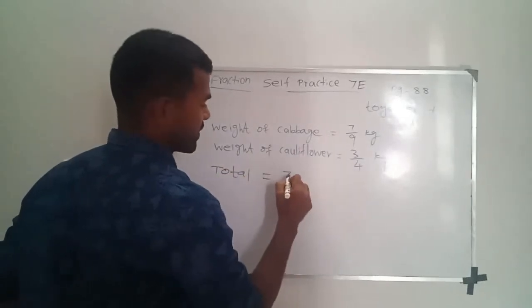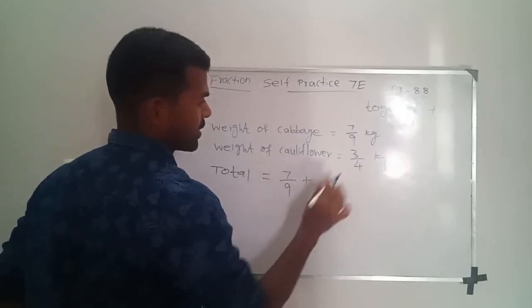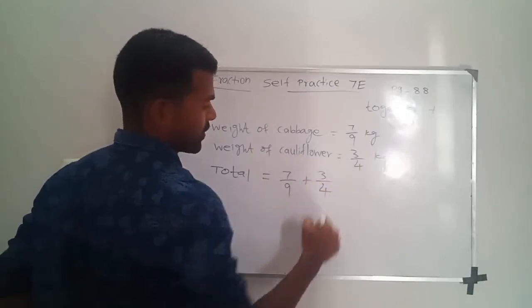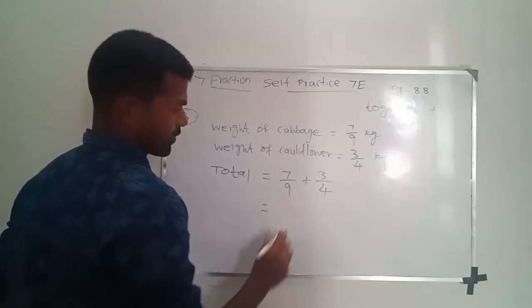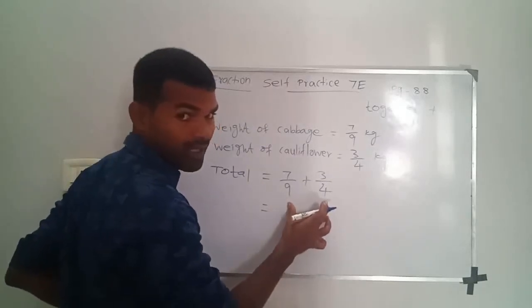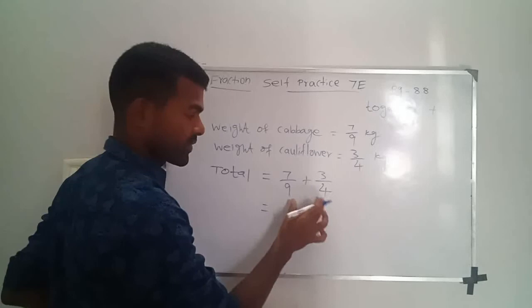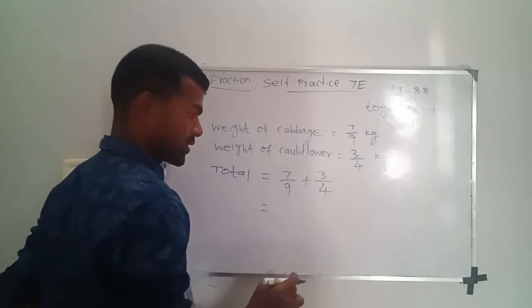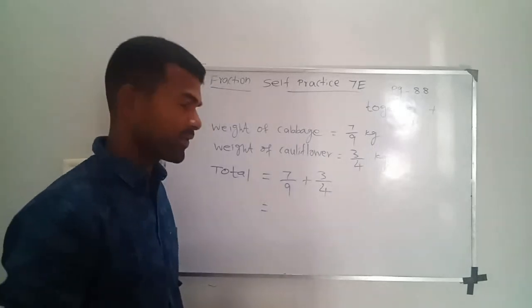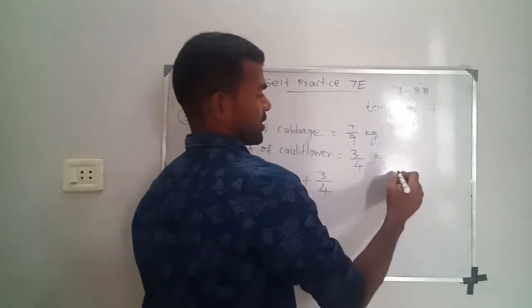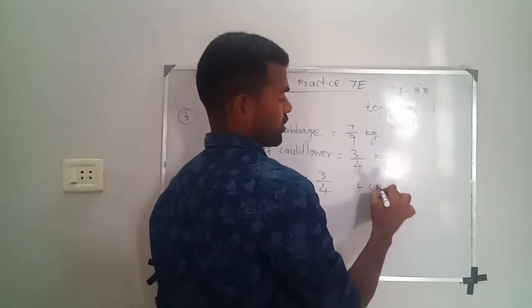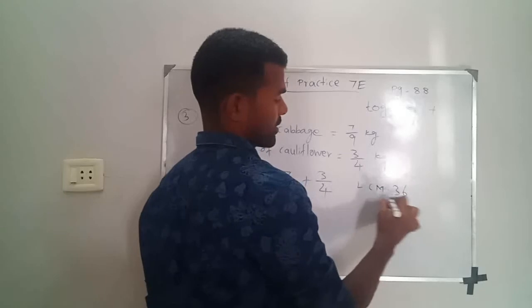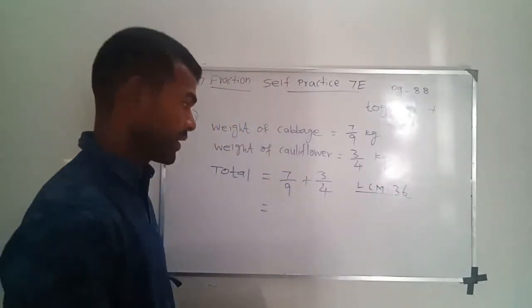That is 7 by 9 plus 3 by 4. Got it? The denominators are different, so find the LCM of 9 and 4. What is the LCM of 9 and 4? 36 is the LCM.